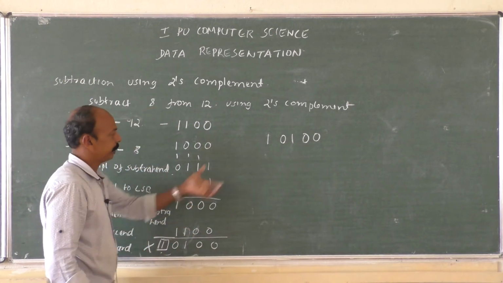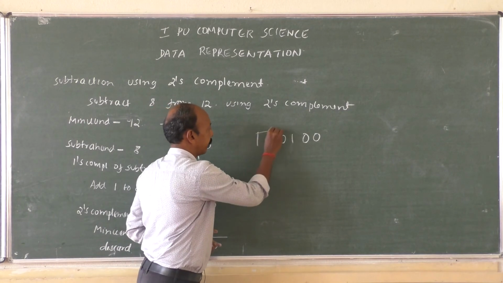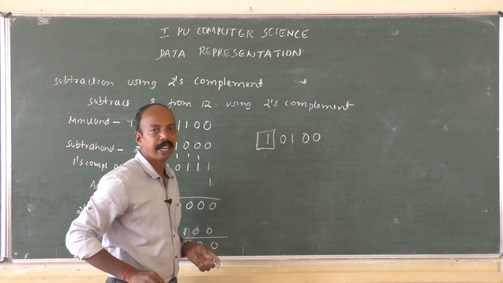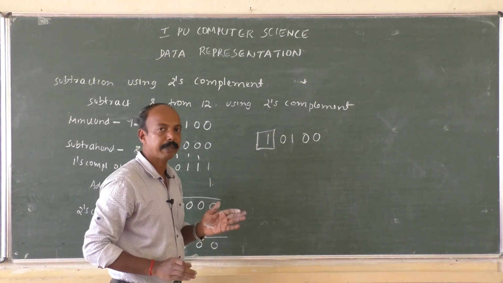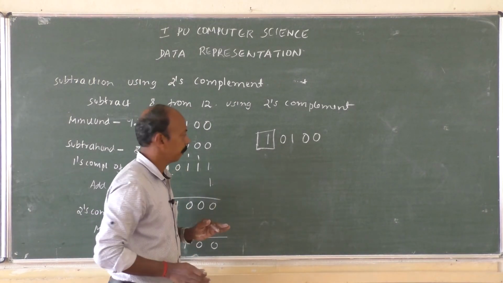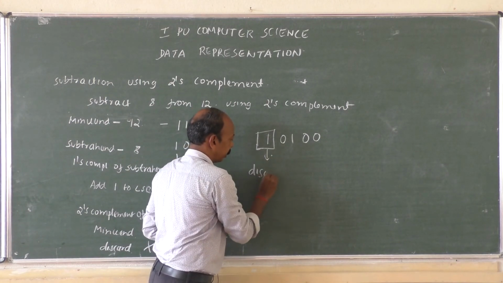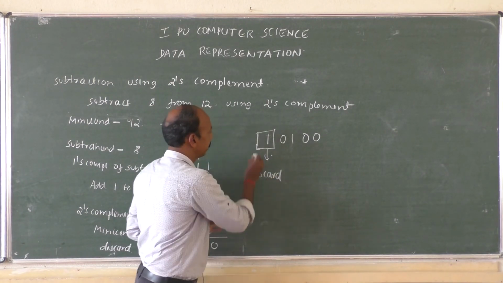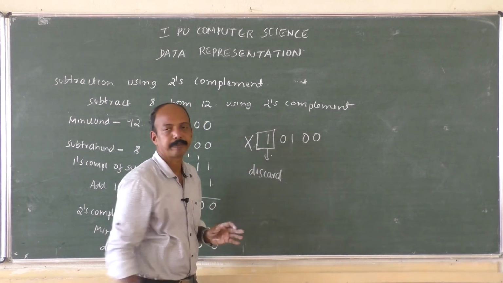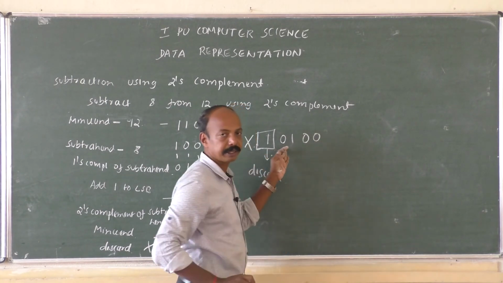The same thing I have written here, that is, this was the carry. Carry will always be there when we are subtracting a smaller number from the larger number using 2's complement also. And this one we have to discard. Discard in the sense this is just left. Whatever remaining answer we are going to get, that will be the answer.